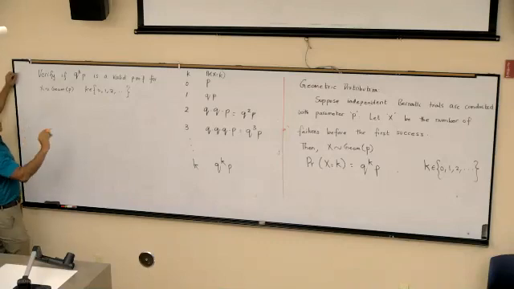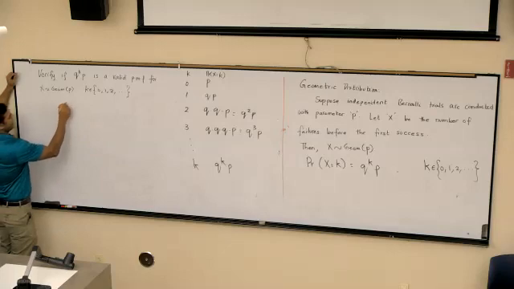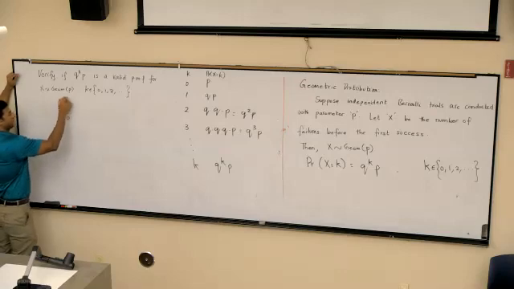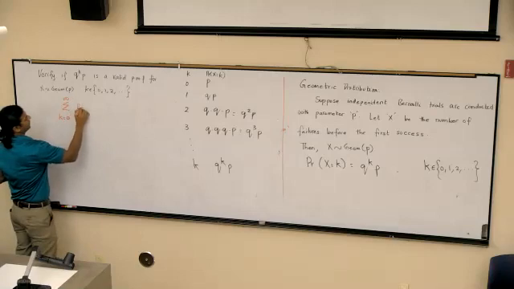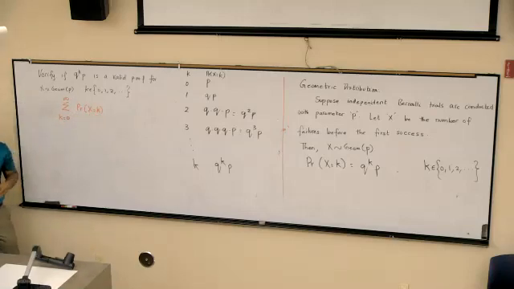So well, we want to verify the sum over all possible values of K, which in this case is 0 to infinity. The probability of X is equal to K must equal 1. If it does, then we have a valid PMF.